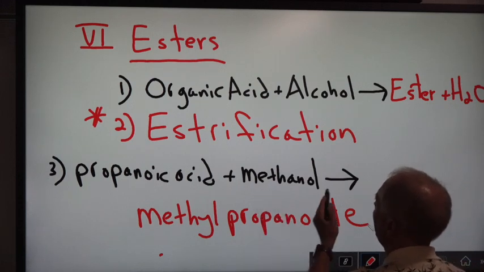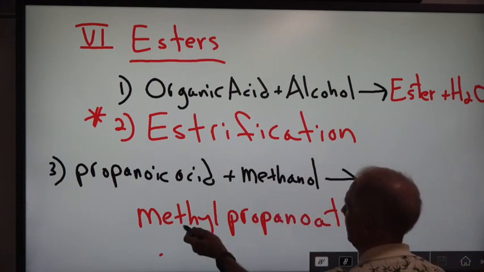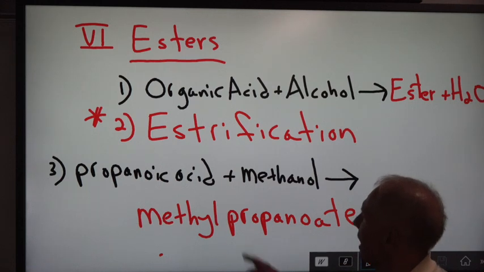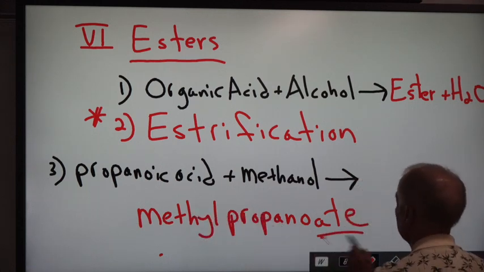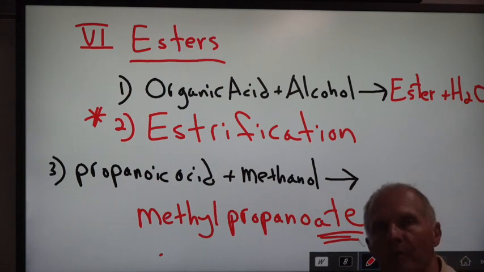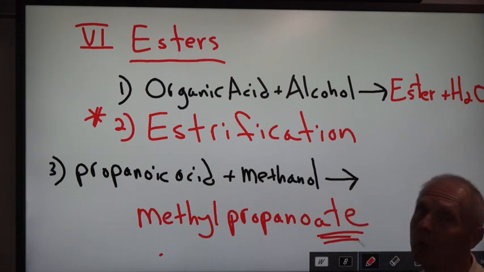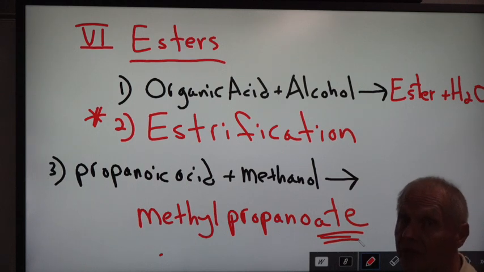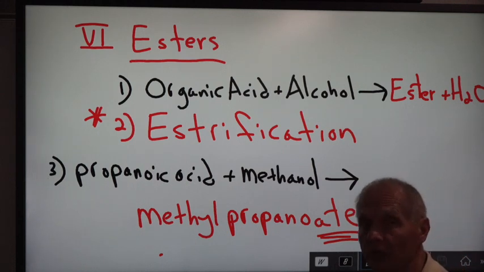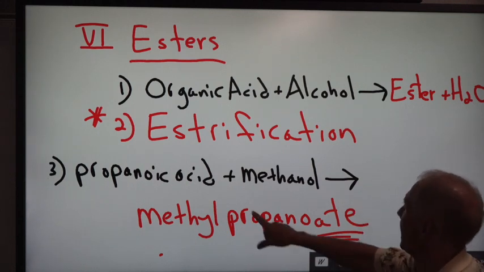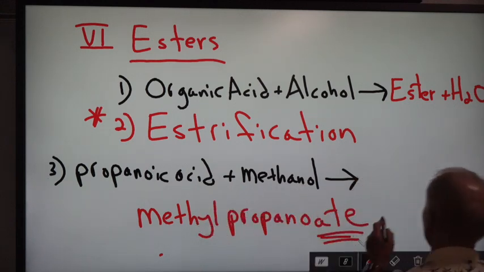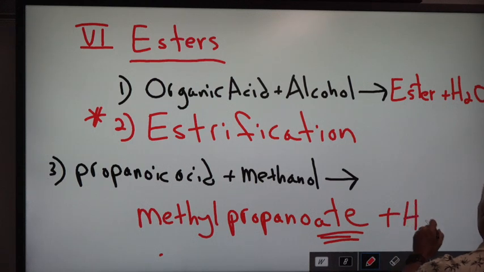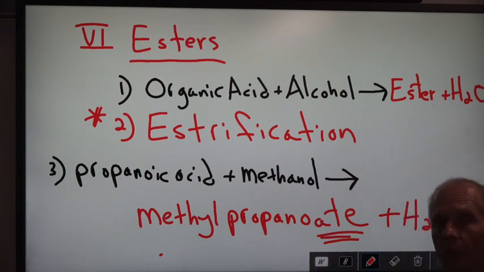Well, instead of methanol, I chopped it to methyl, which goes right there. And instead of propanoic, I put propanoate. Methyl propanoate. So you're going to build 2 of these, and that's all you're going to do for this video, but it's going to be pretty tough. So remember, propanoic acid and methanol yields methyl propanoate plus H2O, plus water. All right?